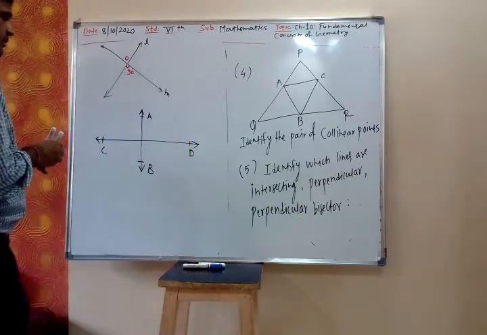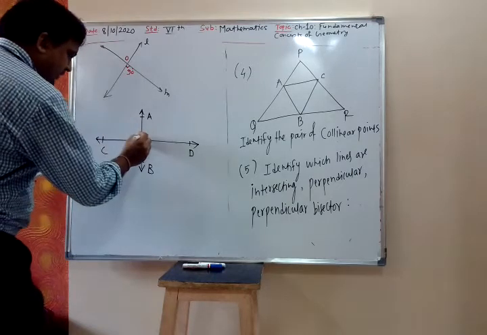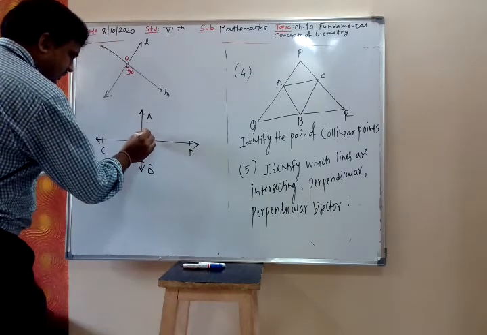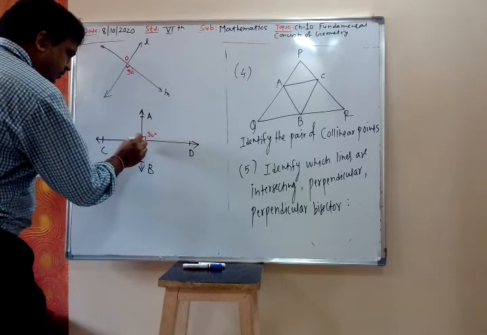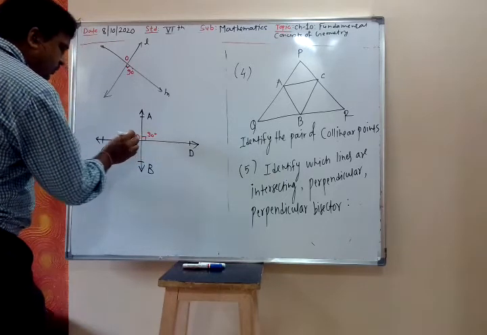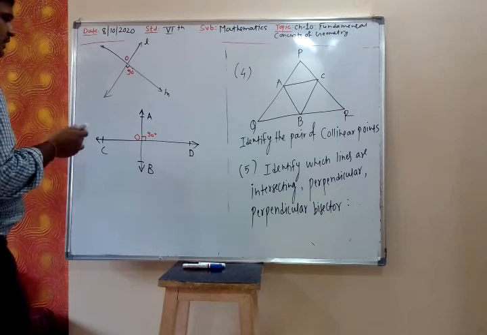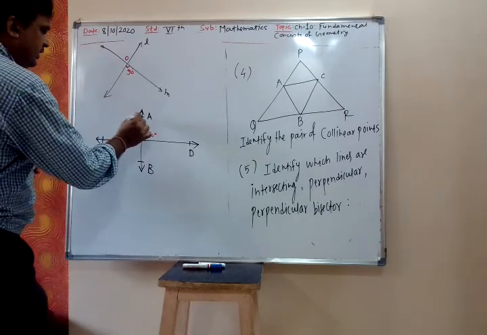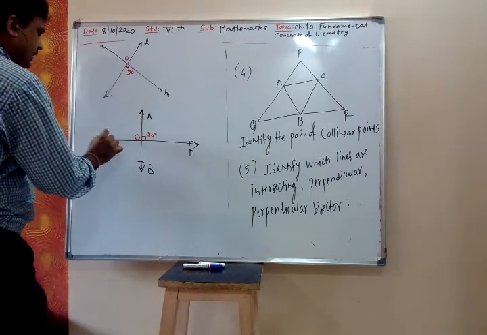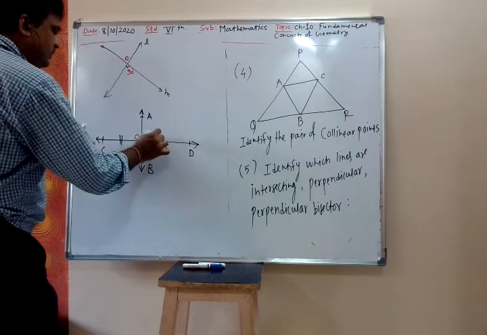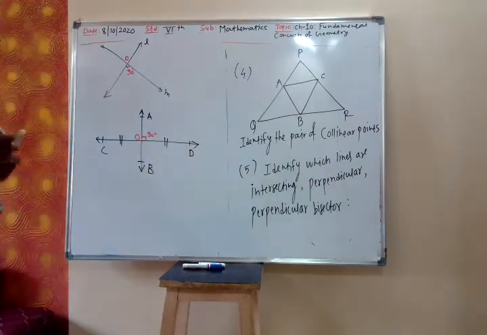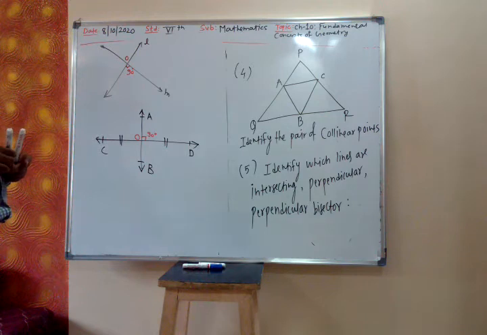Now AB and CD are perpendicular to each other at point O. Then OA, then OC. OC is the same as OD. So whether the lines are perpendicular bisectors?